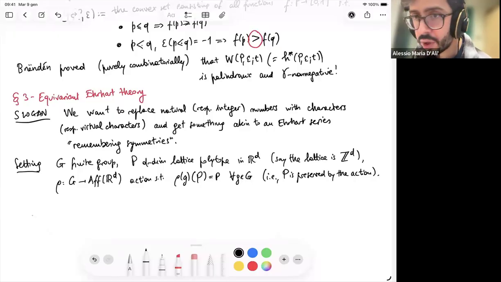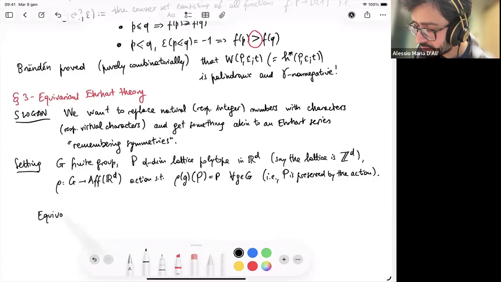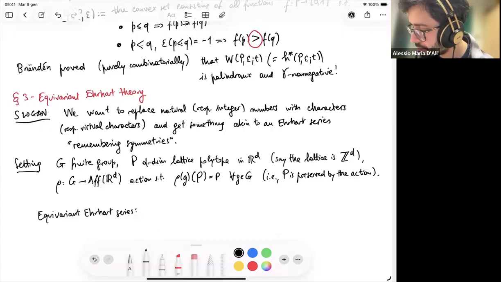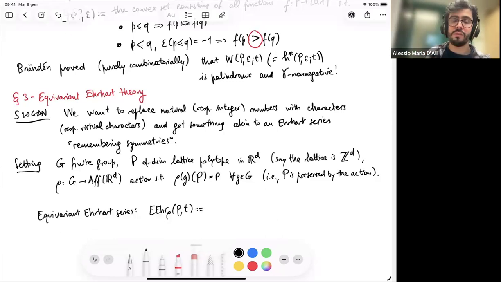Okay, so the new object is this equivariant Ehrhart series. As I said before, instead of counting lattice points, in this setting, the lattice points of my given polytope are going to stay the same.